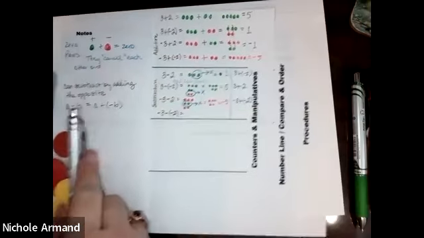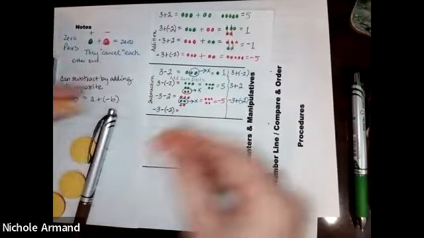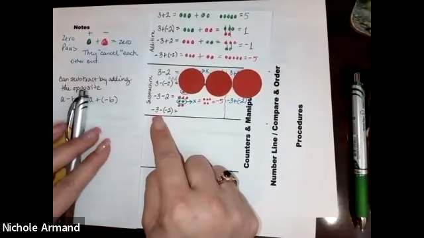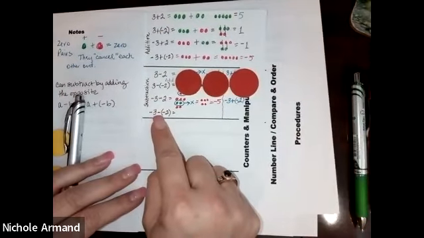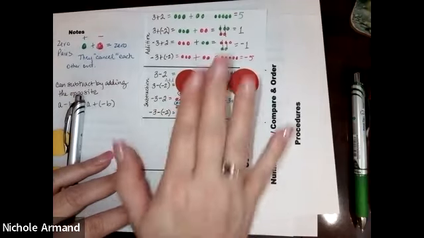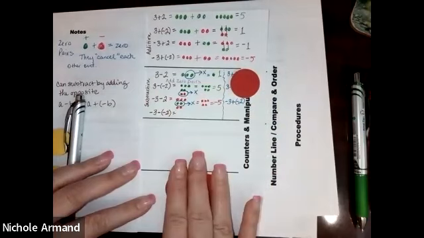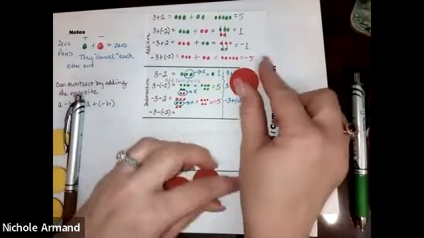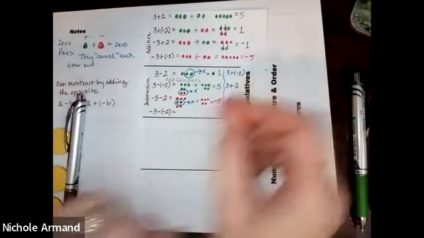And so for this one, we're going to take 3 negative counters, and the subtraction symbol is our takeaway. And what do we want to take away? We want to take away 2 negative counters. Boom. And we're left with 1 negative counter. So -1, let's draw that.